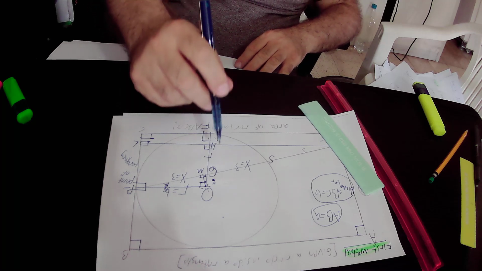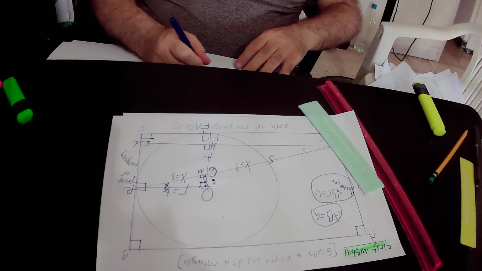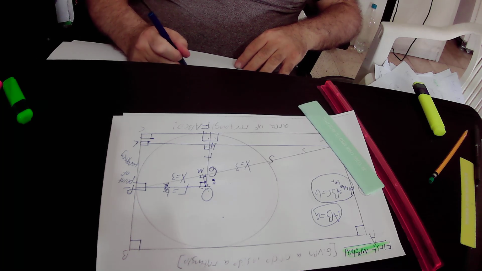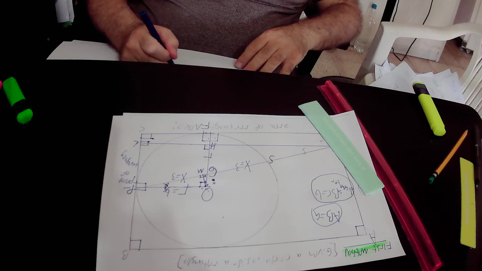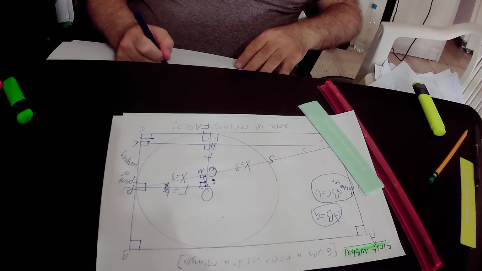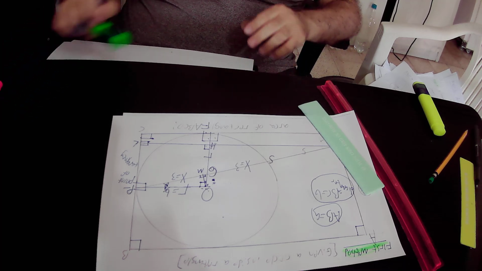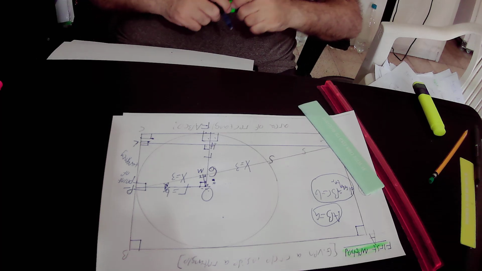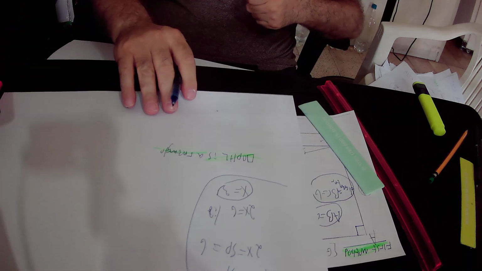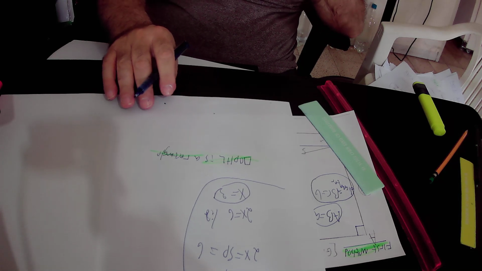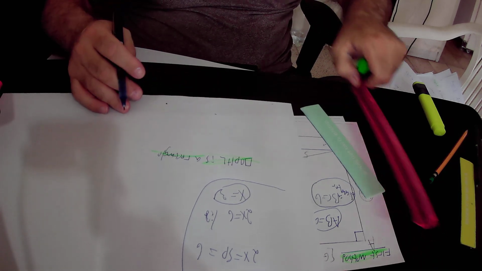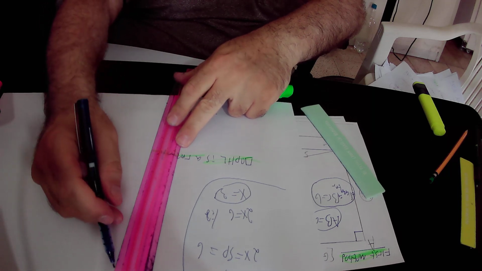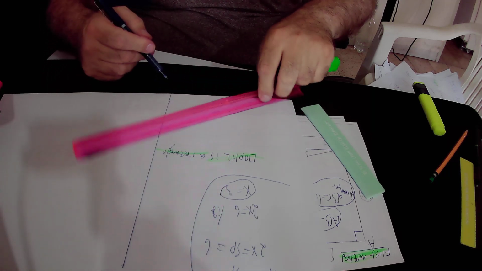So we relate to quadrilateral OPHL as a rectangle, because it has 4 right angles. But we also know that the opposite sides of a rectangle are parallel to each other.